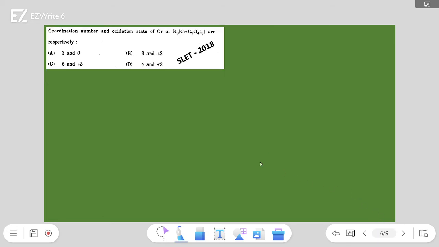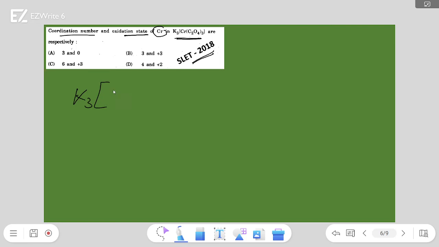Coordination compounds and hybridization are some of the very important topics that come under the SLET examination, SLET 2018. You need to calculate for this complex the coordination number and oxidation state for chromium.